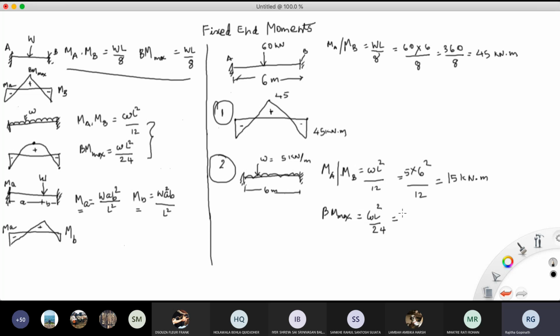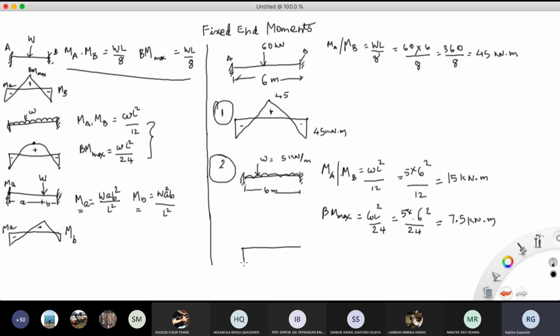Let me write it: 5 into 6 squared divided by 24. So this is going to be 7.5 kilonewton meter.